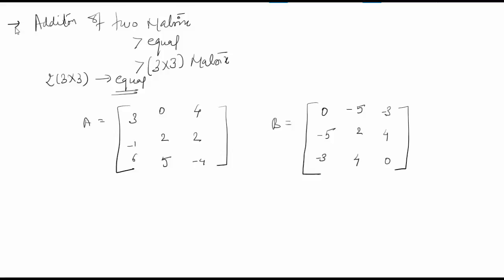So these are the two matrices, which is the A matrix and which is the B matrix.